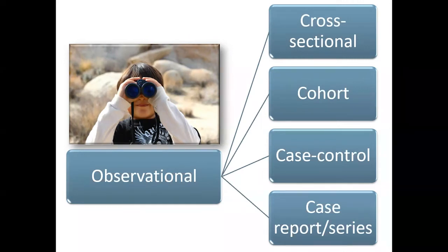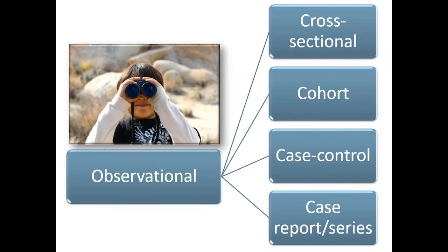So just to introduce what those types of studies are, a cross-sectional study is data collected from a large group of people during a specific snapshot in time. Cohort studies observe what happens to a group of people over a period of time, sometimes even decades.